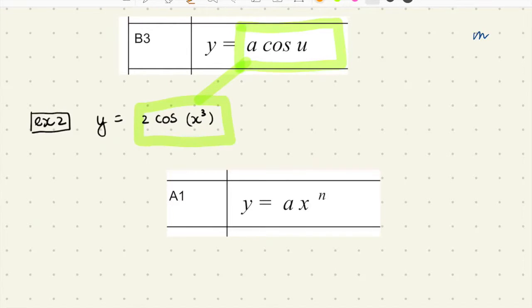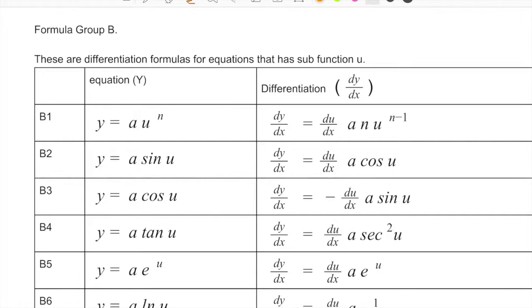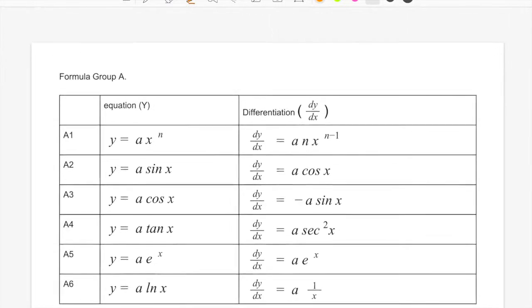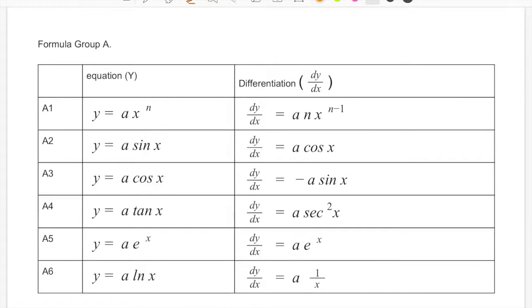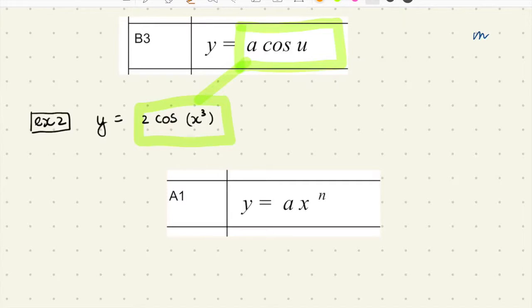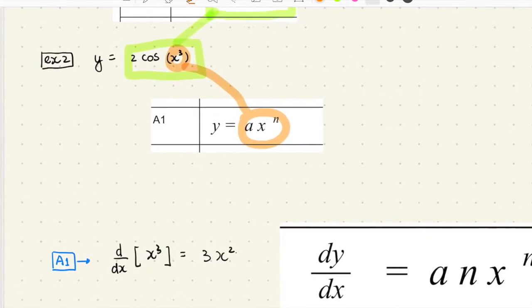To find the differentiation of x cubed, we check the formula list. We have it in formula group A. It fits formula A1: x cubed, you compare it with a x to the power n. In this case, a is 1, n equals 3.